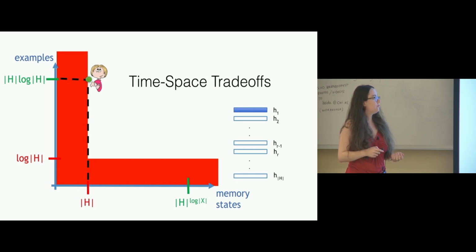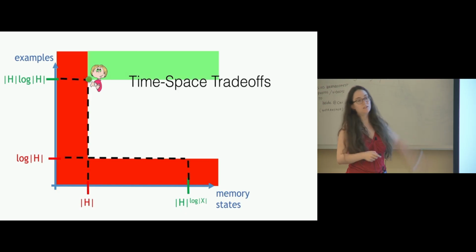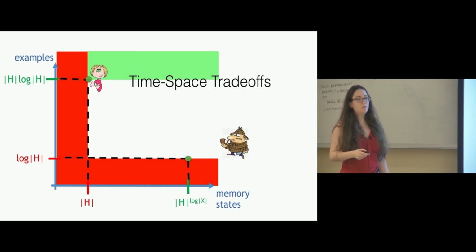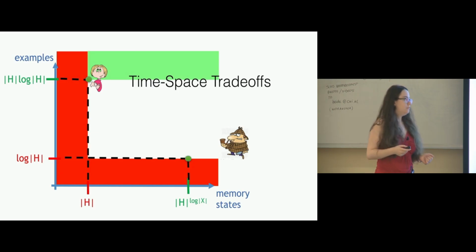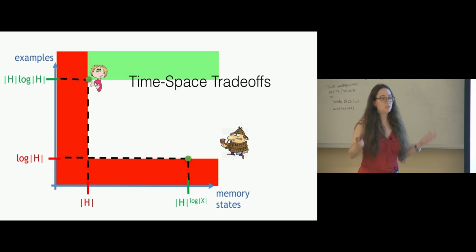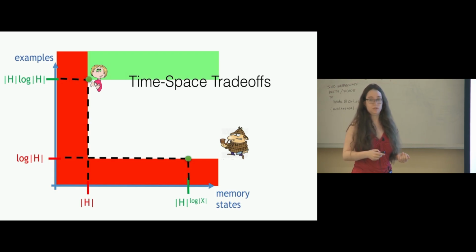Okay, so if we have more memory states, then clearly we can use the same algorithm. And now let's move on to another simple algorithm, the ERM algorithm. This algorithm simply returns a hypothesis that is consistent with all the examples seen so far.